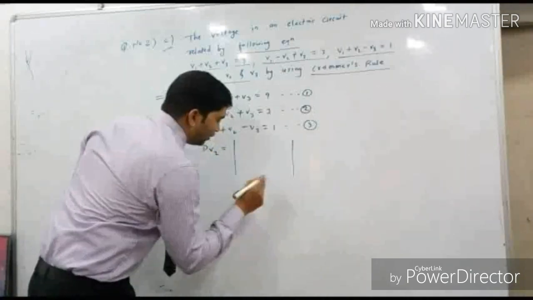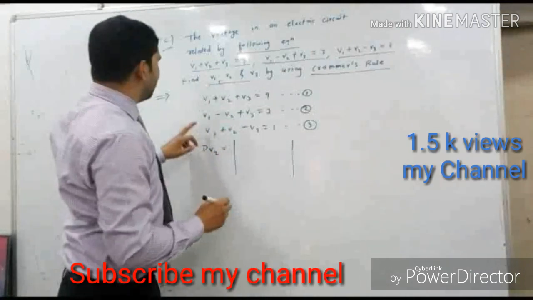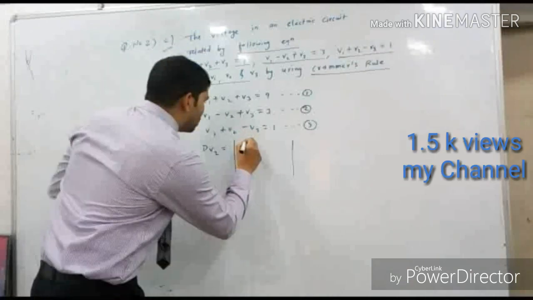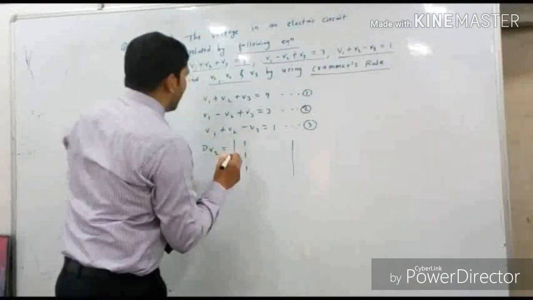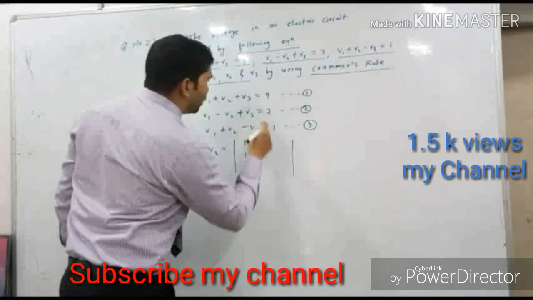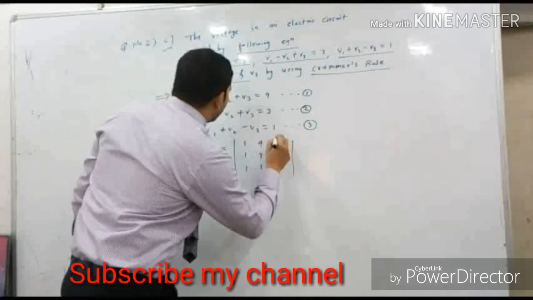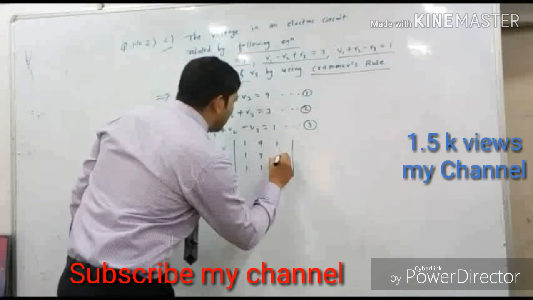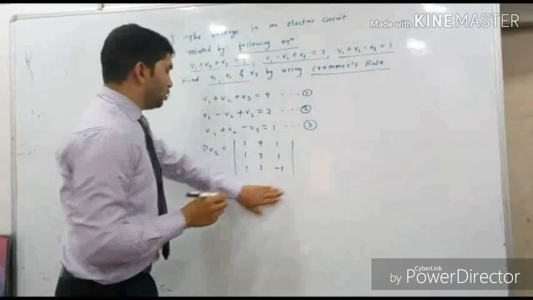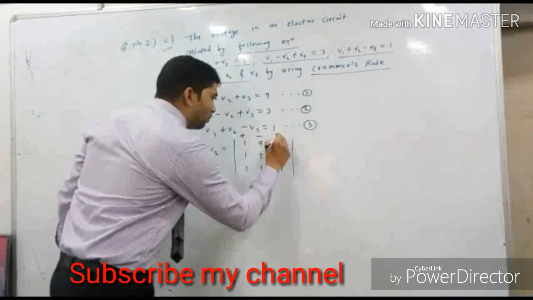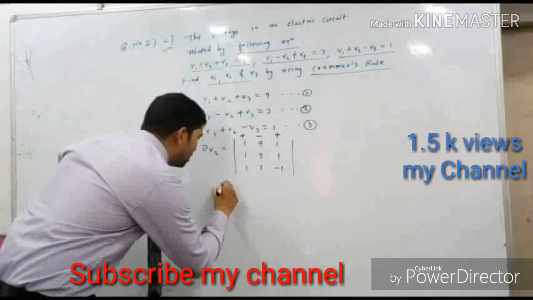So by taking the 3 by 3 determinant for dV2, first put V1's coefficients 1, 1, 1. Instead of V2's coefficients, we put the right hand side values, that is 9, 3, 1. And as it is the coefficients of V3, 1, 1, minus 1. Again solving the 3 by 3 determinant, plus minus plus.